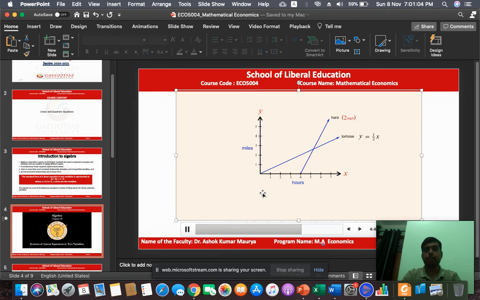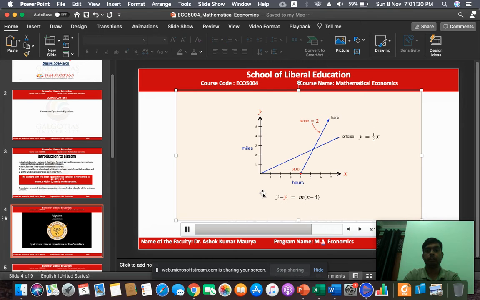Now we will find out the equation of speed of hare. So the slope will be 2 because hare is running with the speed of 2 miles per hour. The coordinate will be 4, 0 because hare started after 4 hours with 0 kilometer.